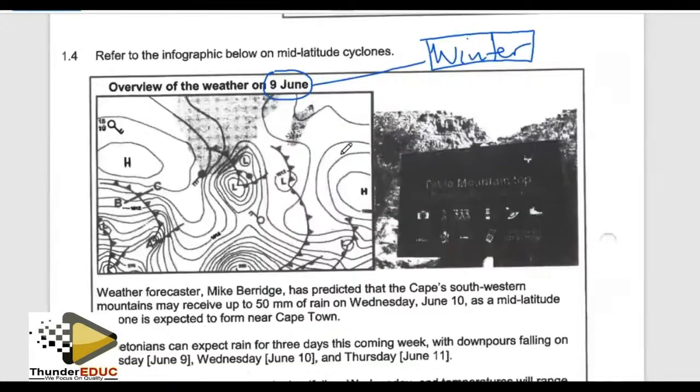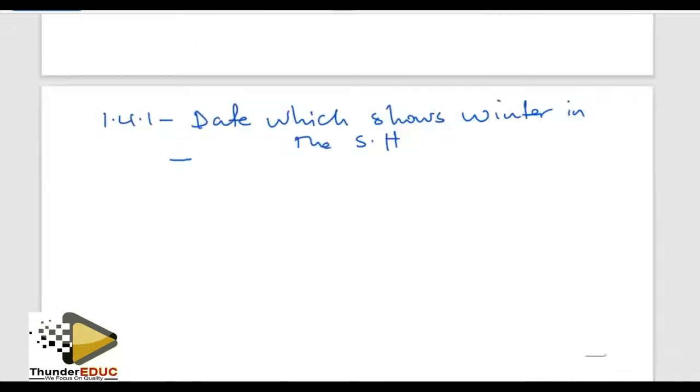We can as well talk about the position of the mid-latitude cyclone. So you can see that they have moved further northwards. This normally occurs in winter.